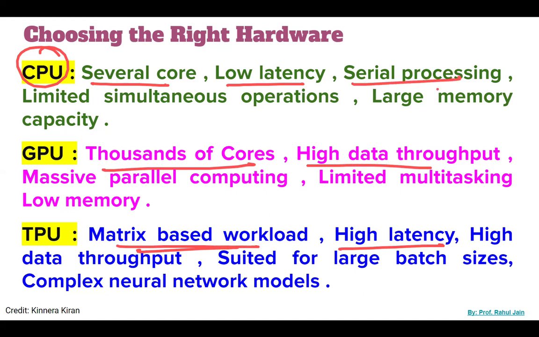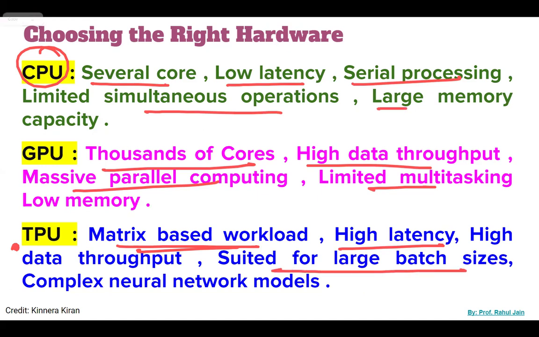It is serial processing, it is massive parallel computing, and here also we have parallel computing. Right? Limited simultaneous operations, but here limited multitasking operations. Here we are suited for large batch size operations. Large memory capacity, here memory is low, here complex neural network models are there, and high data throughput.